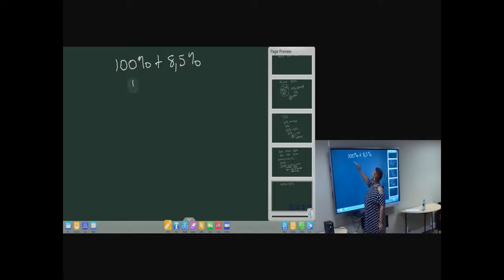Then you will have your 15,000 multiplied by 108.5 over 100. Percentage means out of 100.